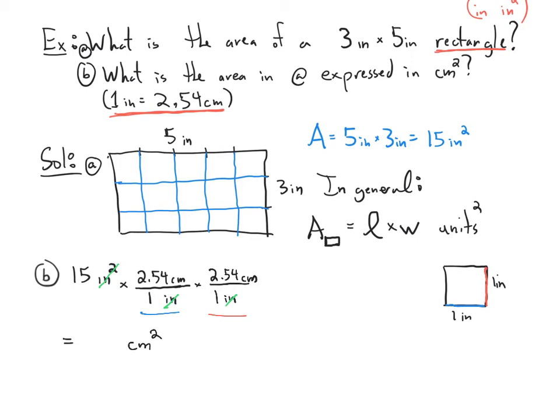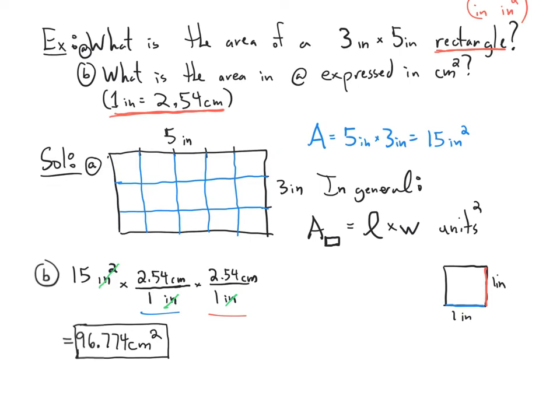And finally, if we multiply 15 by 2.54 by 2.54, you can check, we get exactly 96.774 centimeters squared.